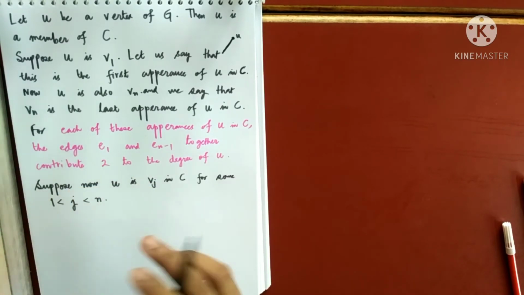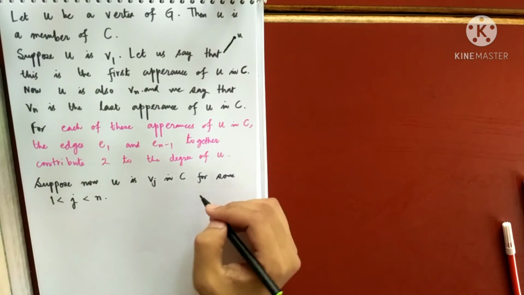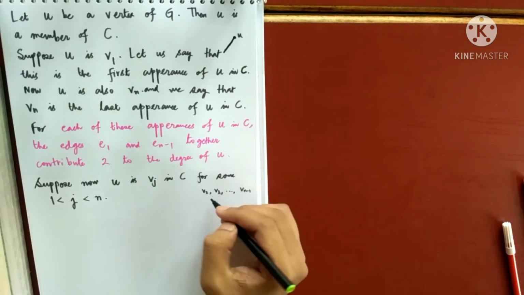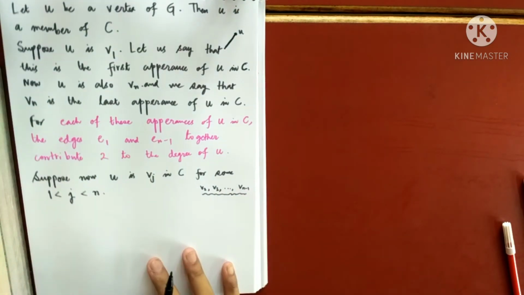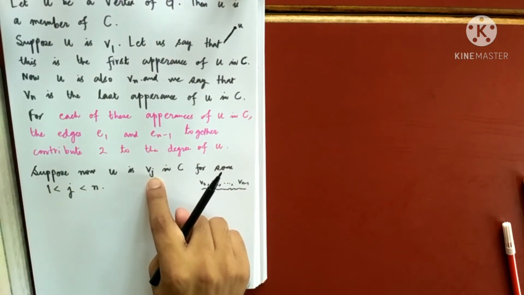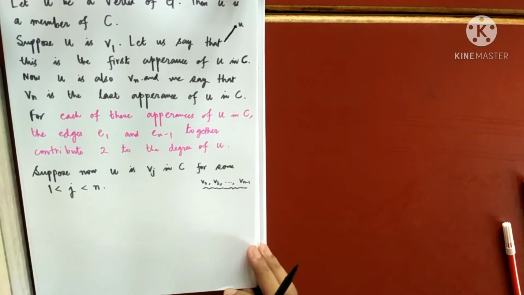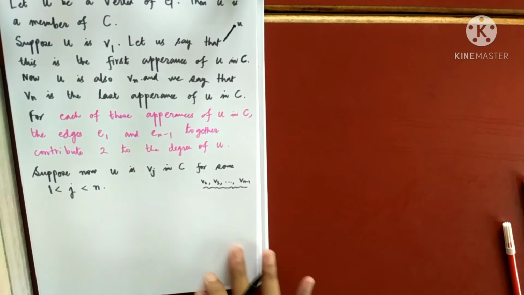That means u is the same as either v2 or v3 or dot dot dot vn minus 1. So u is one of them, not the starting or the end vertex. We are assuming that it appears somewhere in the middle.